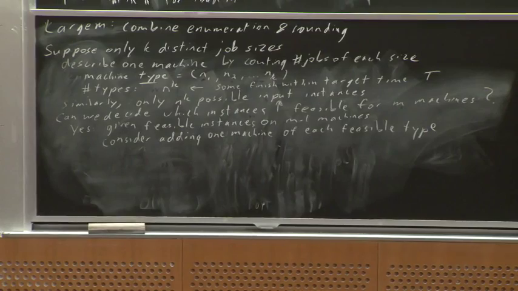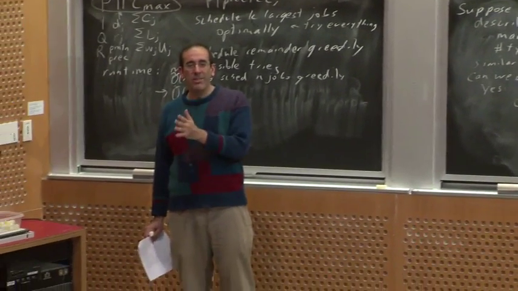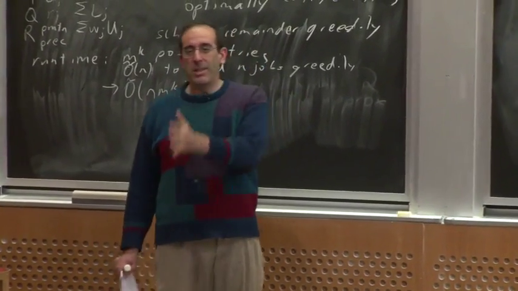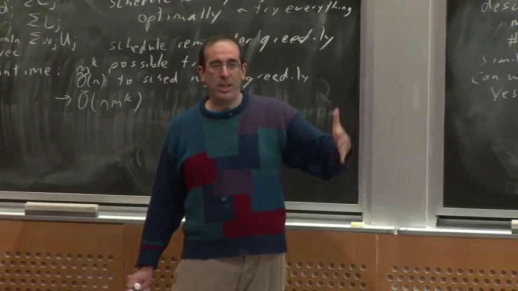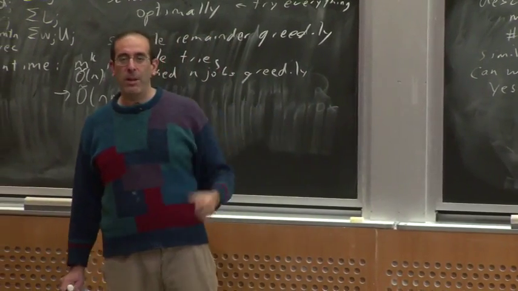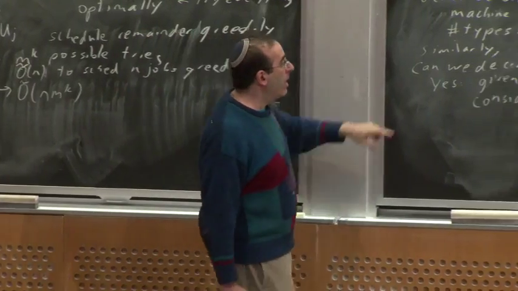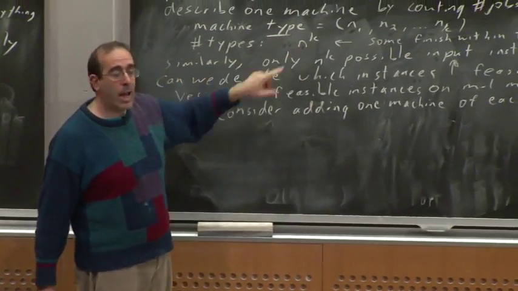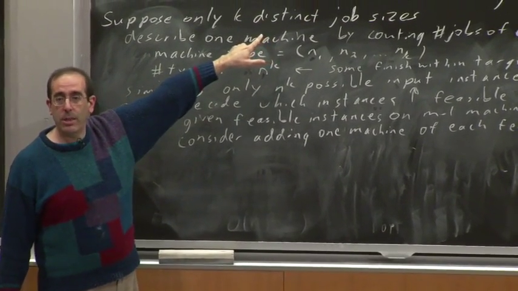Right? And so this gives me my dynamic program. I start with the set of jobs that can be completed with 0 machines. Right? And then I build up to the sets of jobs that can be completed with 1 machine, and then 2 machines, and 3 machines, and 4 machines, and so forth. So I just keep working my way up until I have all the sets of jobs that can be completed with m machines. And the reason that this can be done in polynomial time is that there aren't that many sets of jobs, and there aren't that many different kinds of machines to consider.